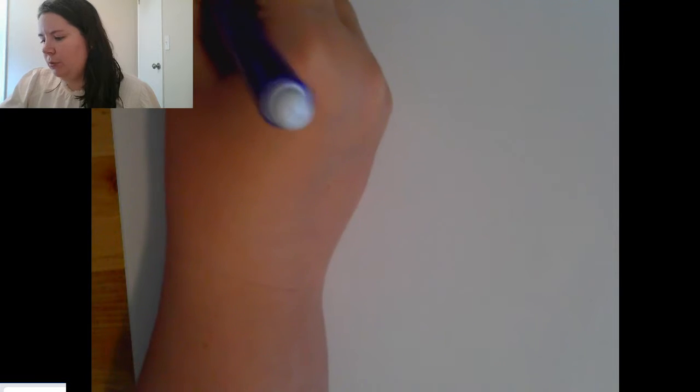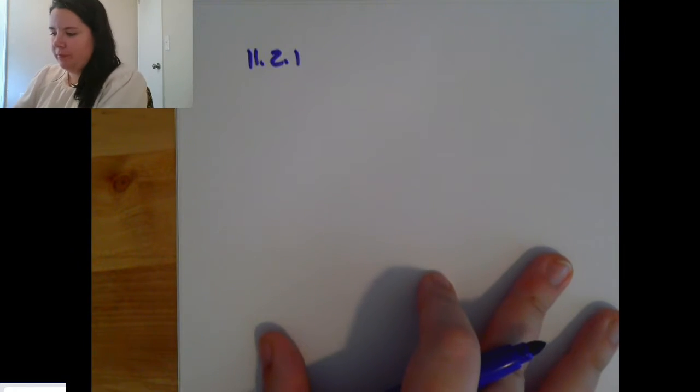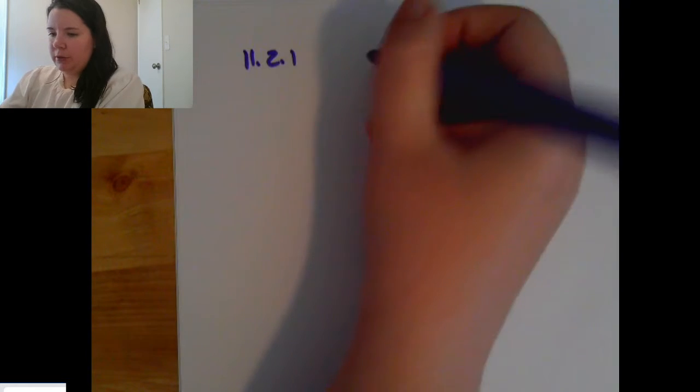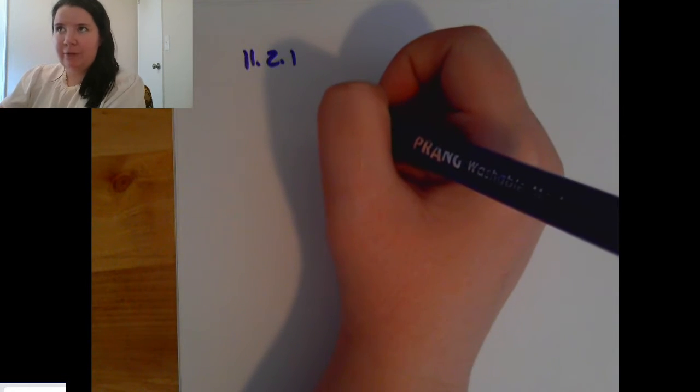In your work, you are told, let's start this off right, 11.2.1 or point 2. You are told to rewrite in vertex form.